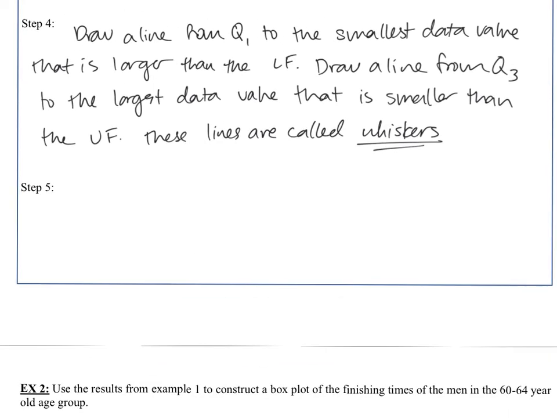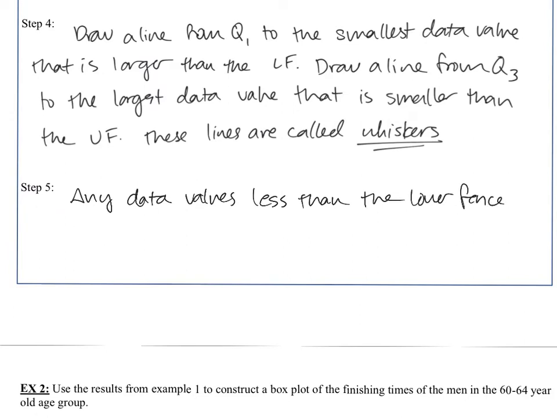Step 5. Any data values that are less than the lower fence or greater than the upper fence, I'll use UF, are outliers.